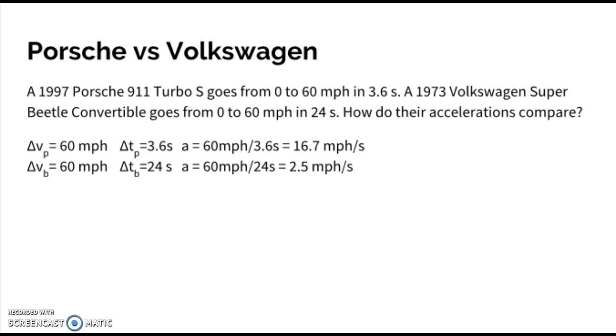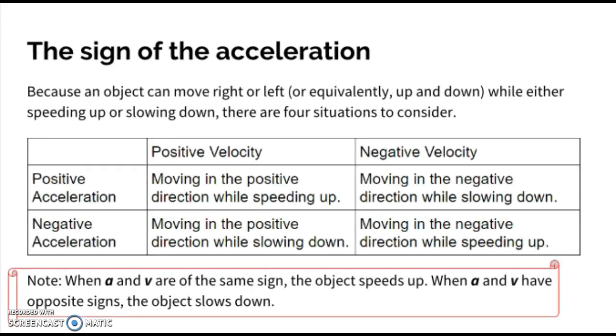We can see here that the Porsche accelerates at a much more rapid rate. For every 1 second, it increases its speed by 16.7 miles per hour, whereas the Beetle only increases 2.5 miles per hour every second. So visually, you can see the difference there.